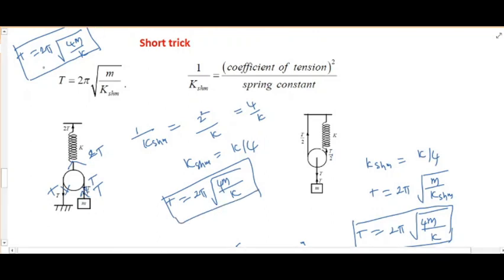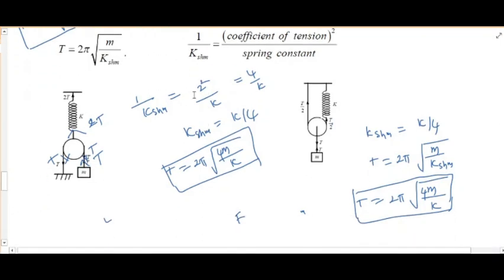In the initial method also it is 2 pi into square root of 4m by K, and by using the short trick also T is equal to 2 pi into square root of 4m by K. So, the short trick is 1 by K SHM is equal to coefficient of tension square by spring constant. Here I have taken only one spring. If there are 2 springs, then plus another spring's coefficient of tension square by spring constant. Like that we can find out. Okay, we are going to apply the short trick for this problem.